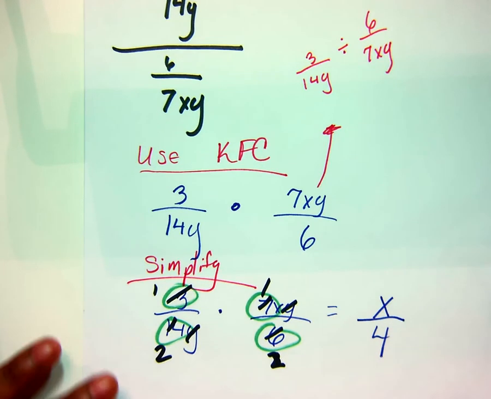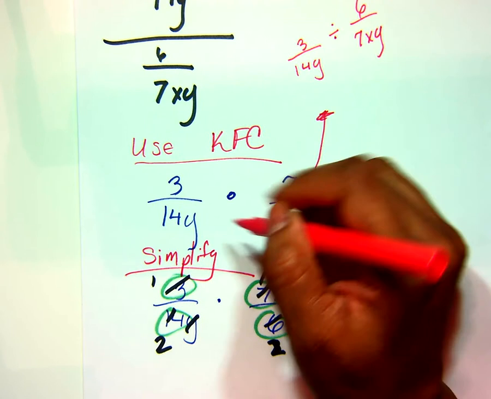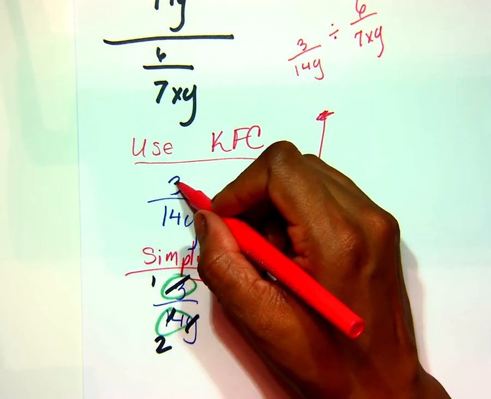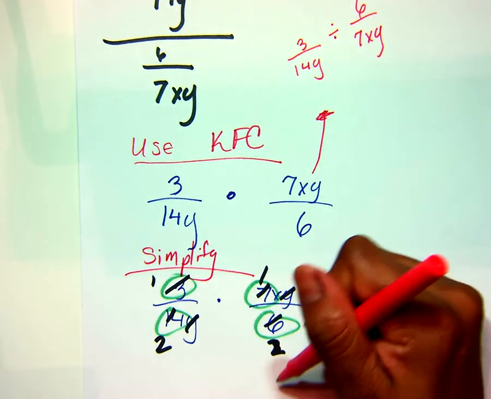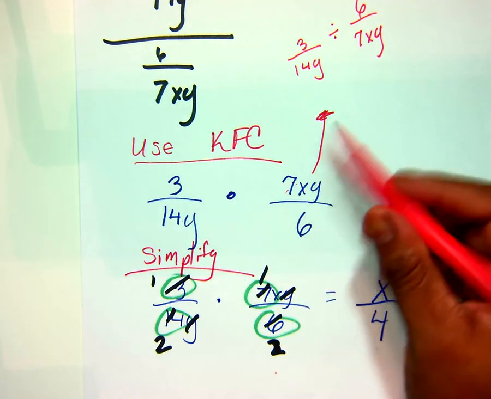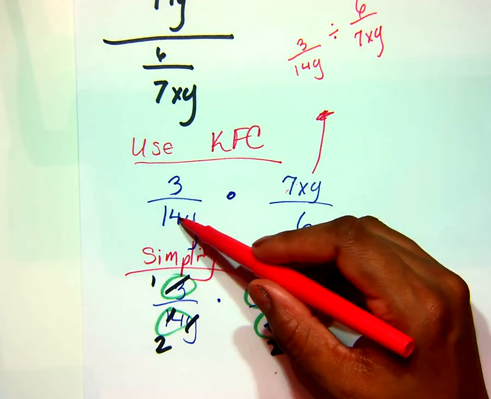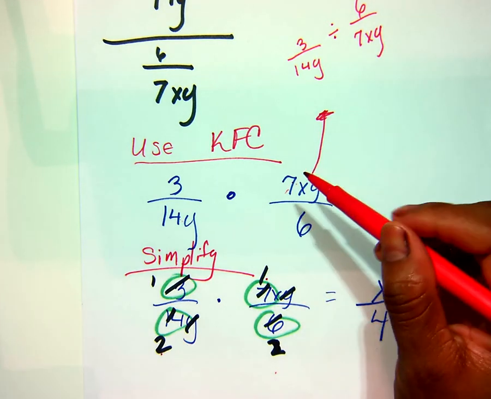Now you can't see all my scribble, but I simplified the 3 and the 6 first by dividing 3 by itself, which gave you the 1, and 6 divided by 3, which gave you the 2. The same thing with the 7 and 14. 7 was divisible into itself one time, and then it can go into 14 twice. So that's where your numbers are coming from. But look at your variables.